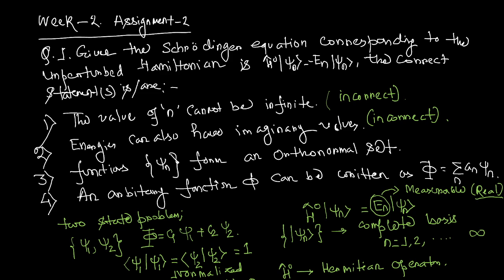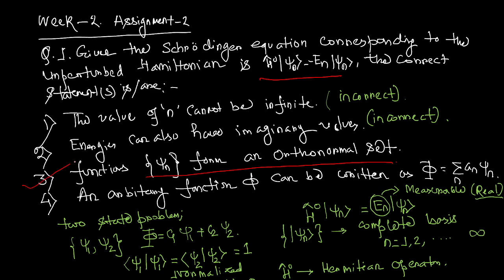In a particle in a box, the Hamiltonian produces a complete set, psi 1, psi 2, whatever the complete set; psi 1 and psi 2 are orthogonal, but psi 1 with psi 1 gives a value of 1, normalized. So the functions psi n, coming from the unperturbed Hamiltonian H0, will form an orthonormal set.